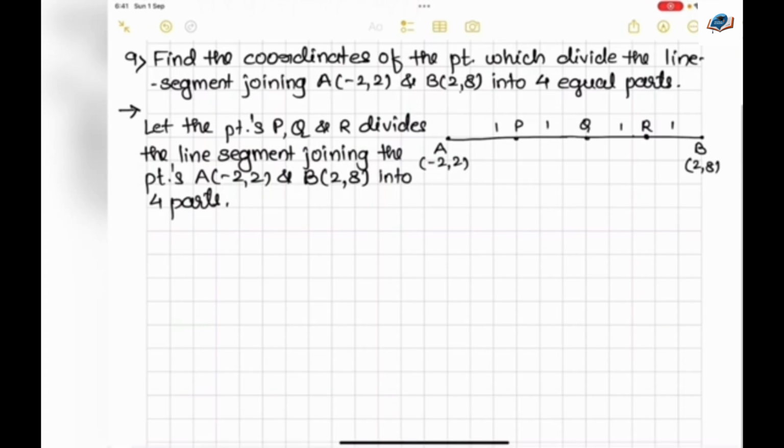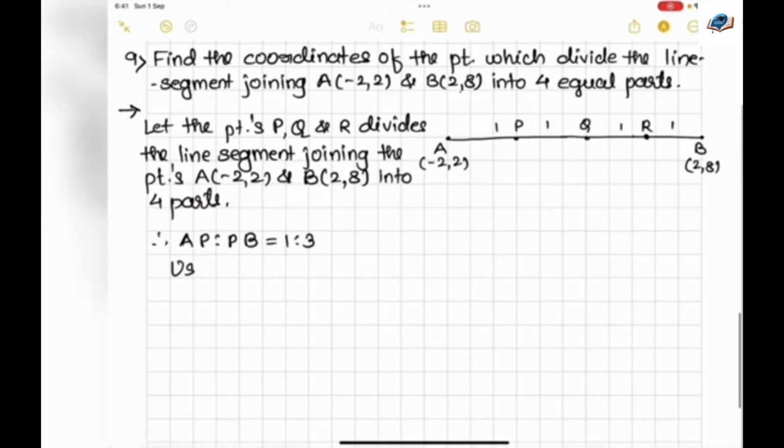That means AP will be one part, PQ will be equal to 1, QR will be equal to 1 and RB will be also equal to 1. So therefore I can say AP is to PB will be 1 is to 3.